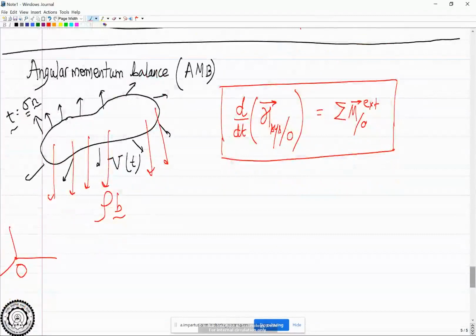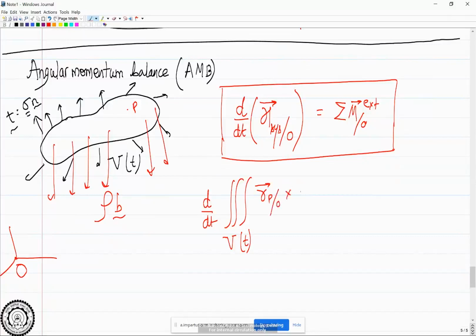So let us work out the left hand side and right hand side. Again, it has got several particles, infinite particles, so obviously it becomes an integration. So you have d by dt of a three-dimensional integration, and then the angular momentum of a particle, which will be the position vector of the particle, think of a particle P here, with respect to O, cross product mass times velocity of the particle, isn't it?